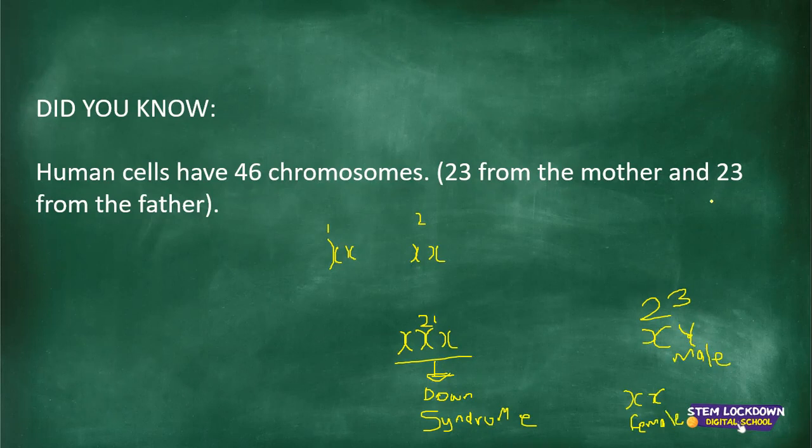Every male person, if you were to check their chromosomes, you'd find that on chromosome 23, it's XY. And every female person, you will find that there is XX.